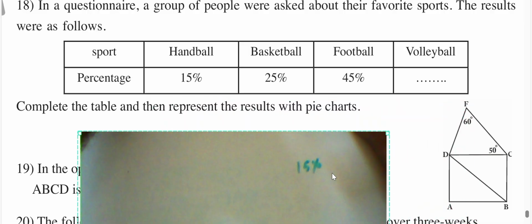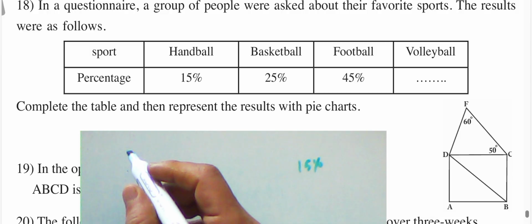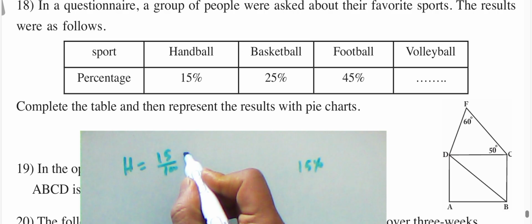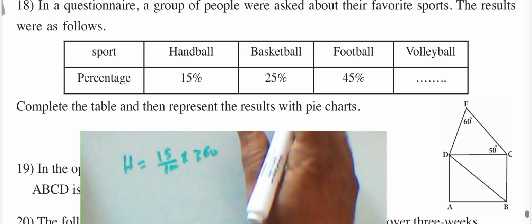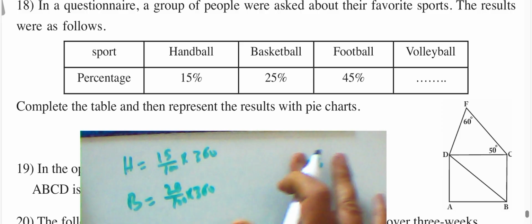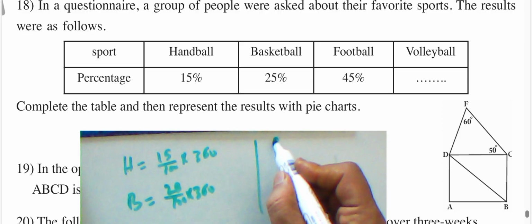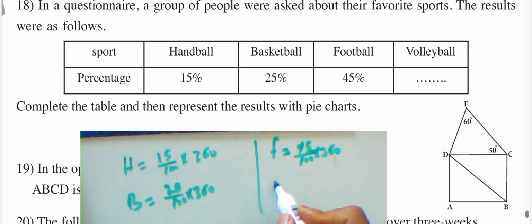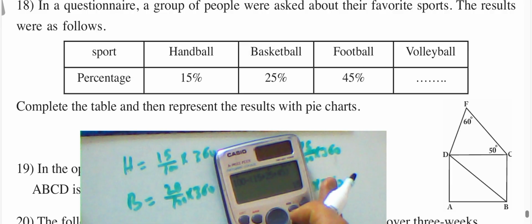Now he wants to represent this by a chart. We can find the angles: first handball, 15 over 100 times 360; second sport basketball, 25 over 100 times 360; third football, 45 over 100 times 360; and volleyball, 15 over 100 times 360.